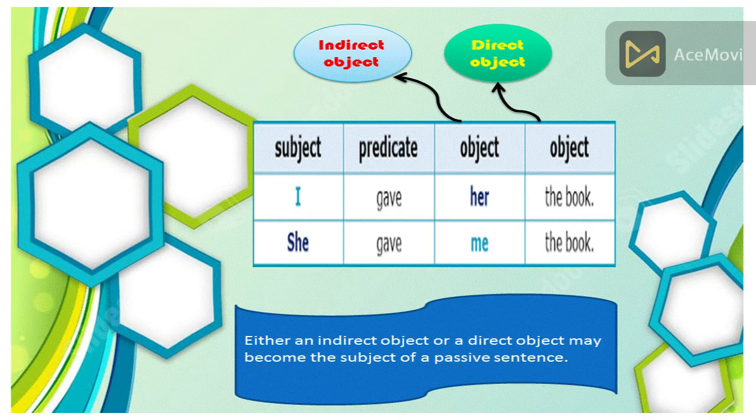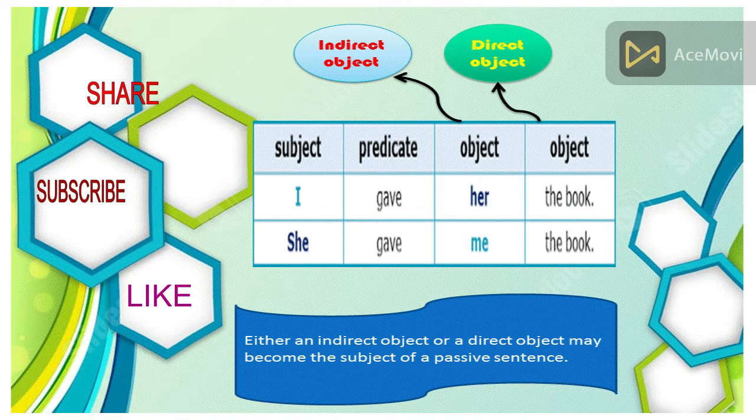Okay, one of them we call direct object, which is the recipient of the action, and the second one we call indirect object, which is someone or something that will receive this object. Okay, for example, I gave her the book.